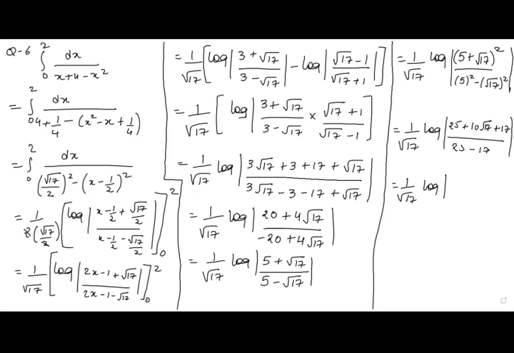This will be 42 plus 10 root 17 upon 8. I can take 2 common outside from numerator and denominator. So 21 plus 5 root 17 upon 4 is my final answer.